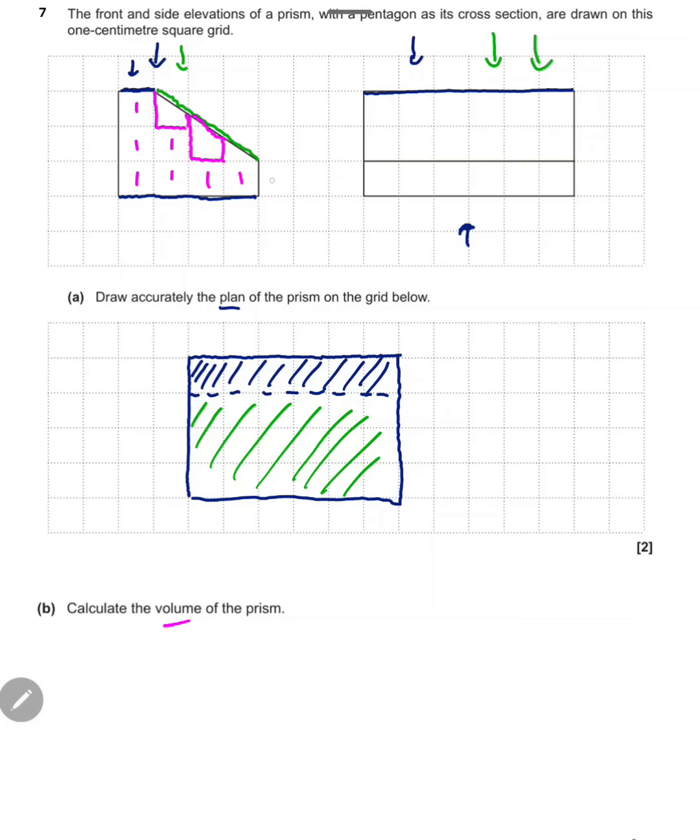And then these two will also make a full square, so there is 9 full squares on this cross section here. That is the area of the cross section. If I want volume, I need to multiply by how long this shape is, and the length of the shape is this length here. 1, 2, 3, 4, 5, 6, 9 sixes, or 54.